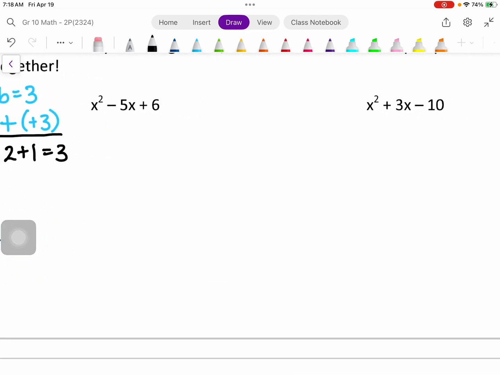So this time we have a b value of -5 and a c of +6. So c equals 6, so I need to multiply to +6, and b equals -5, so I need to add to -5.